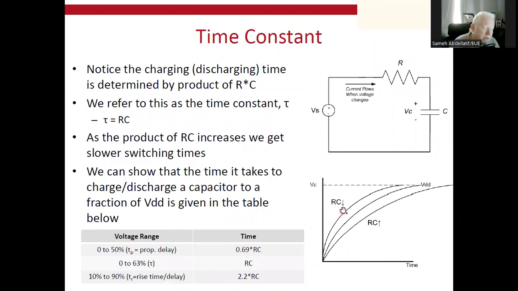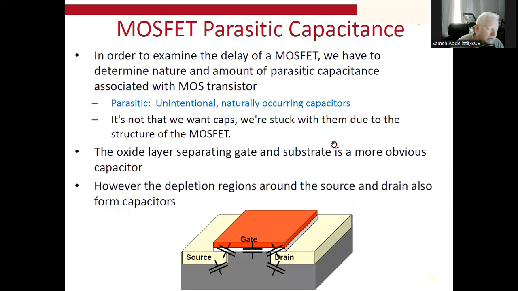That's why we are going to consider the RC factor as a critical factor in our next slides. What we call charging and discharging time can be considered, from a logic gate point of view, as a delay.